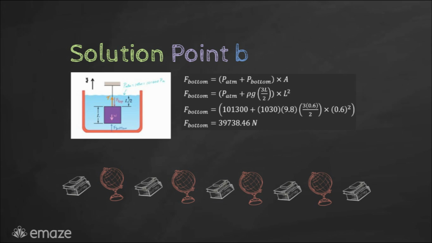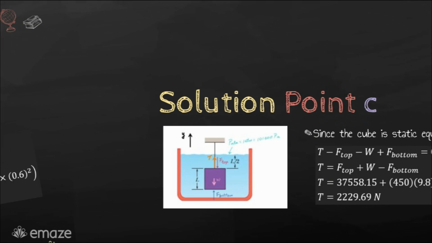F bottom equals 101,300 plus 1030 times 9.8 times 3 times 0.6 over 2, times 0.6 squared. Therefore, the force on the bottom of the cube will be 39,738.46 newtons.